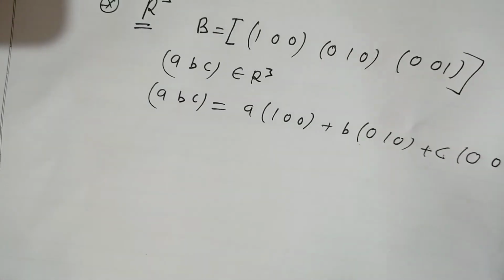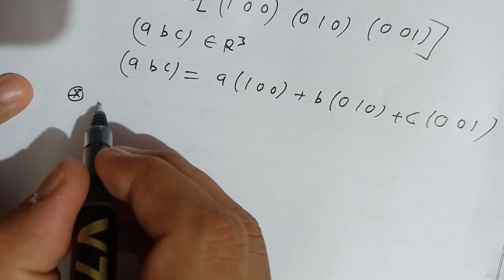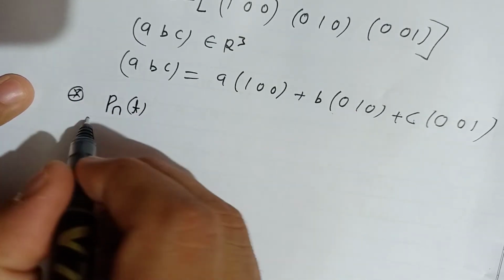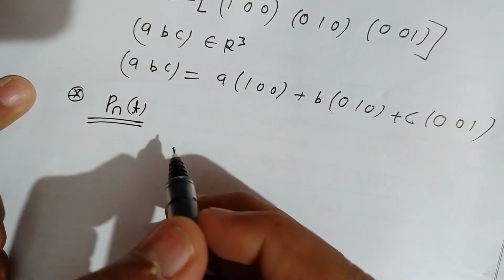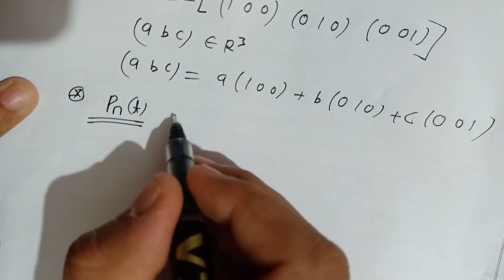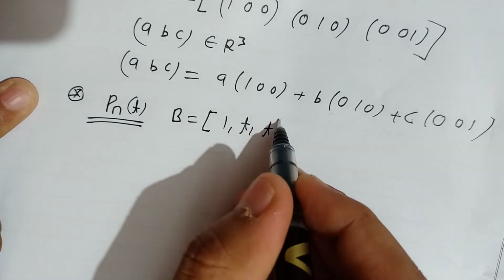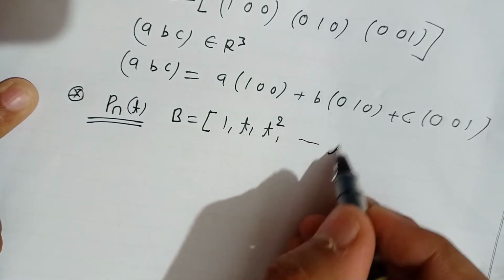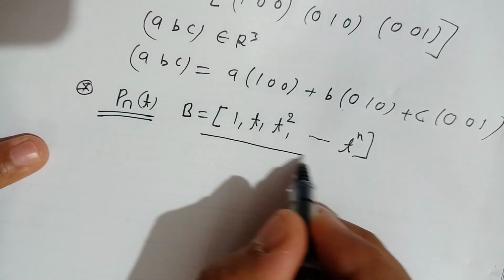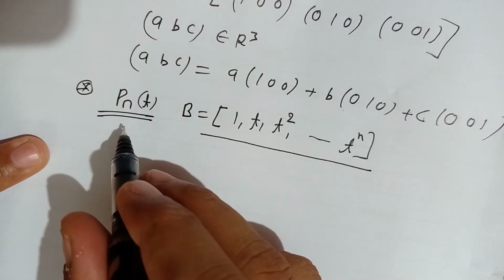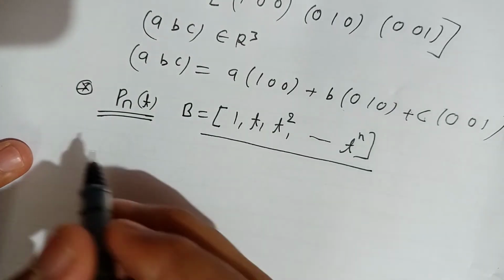Fine. Next, let us see a few more examples of basis. Pn(t), the set of all the polynomials up to degree n. The basis B will be 1, t, t square, up to t power n. This is a linearly independent set, and any element of Pn(t) can be expressed as a linear combination of these vectors.